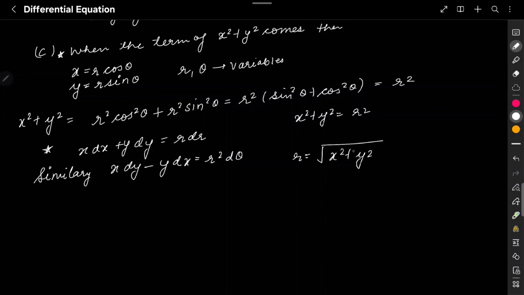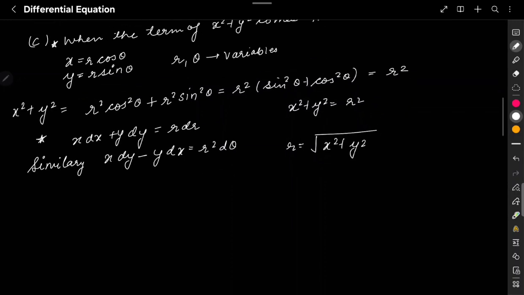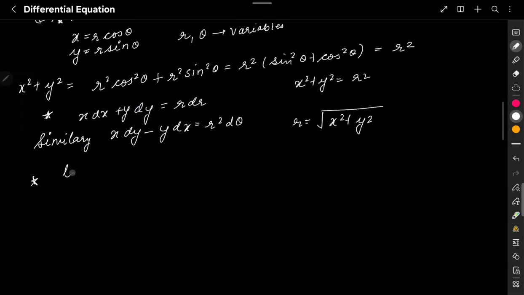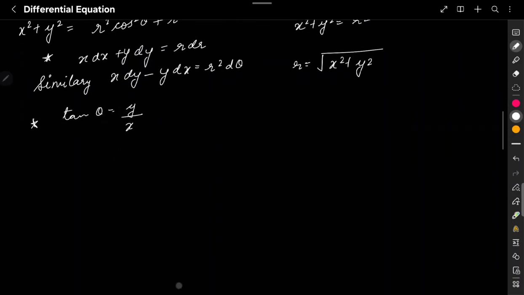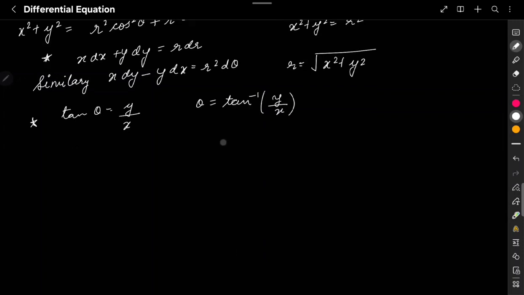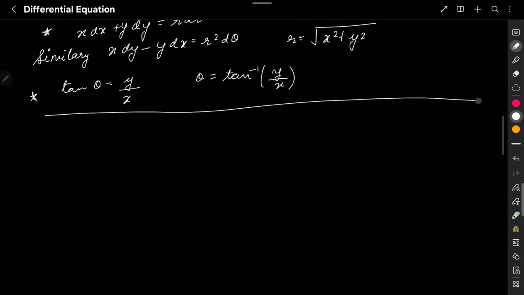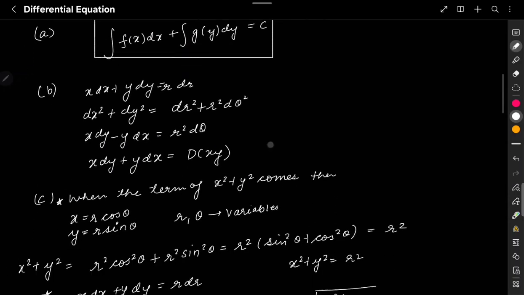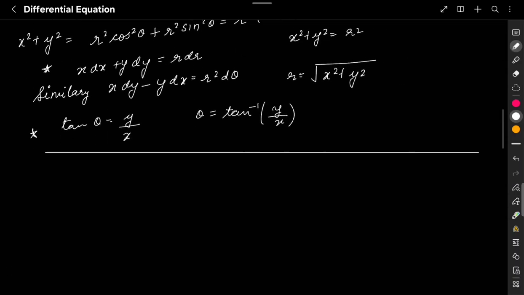So r comes out to be under root x² plus y². So this is done. Now the next point: in this only, tan θ is equal to y by x, so θ is equal to tan inverse y by x. Now that was done for the first part. Now it was under C part, so it's D.